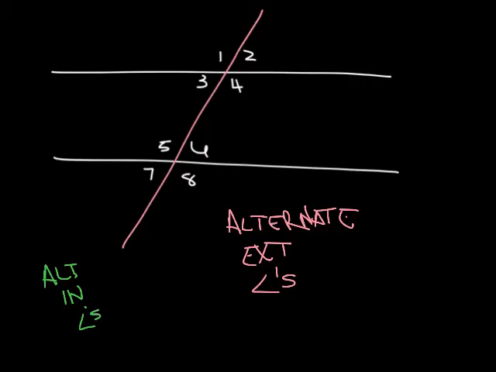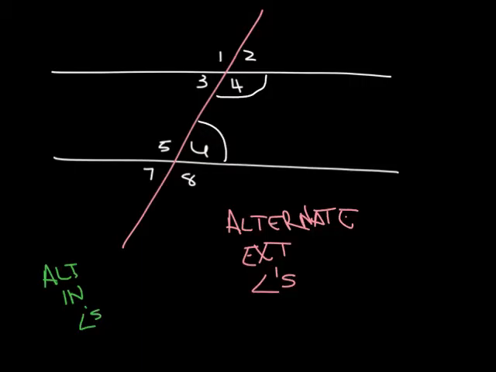One of the other things that you can get from this transversal crossing two parallel lines is that interior angles on the same side of a transversal add up to 180 degrees. So if we're looking at an interior angle like this one and this one, if you add those up, you're going to get 180 degrees.